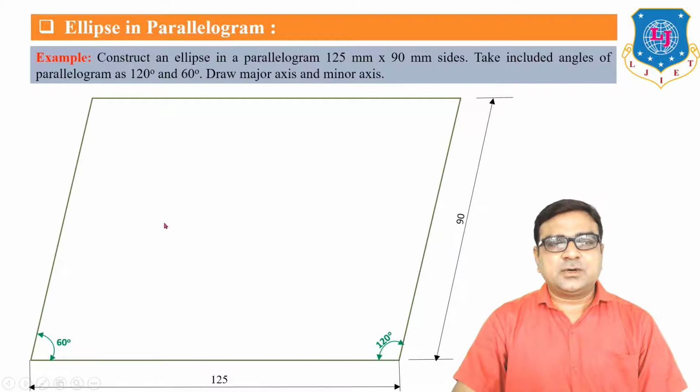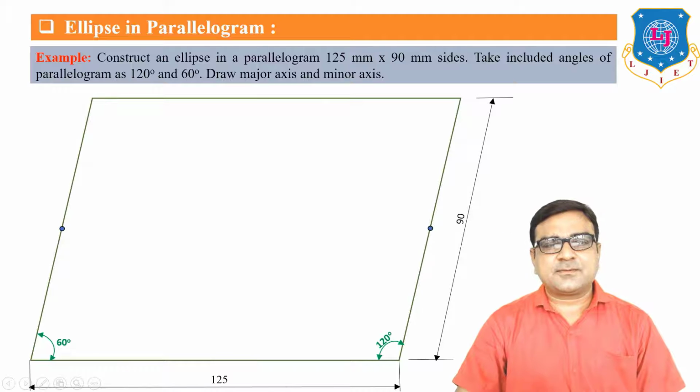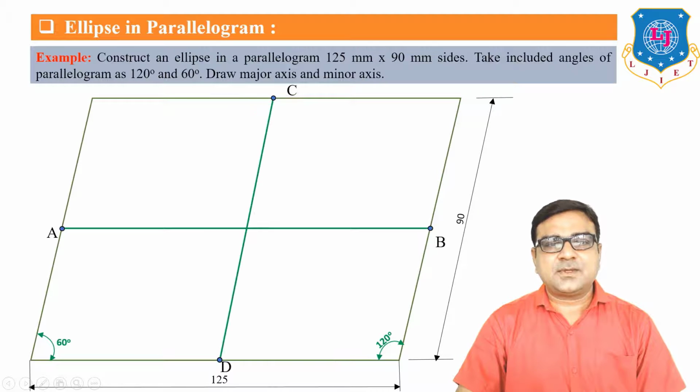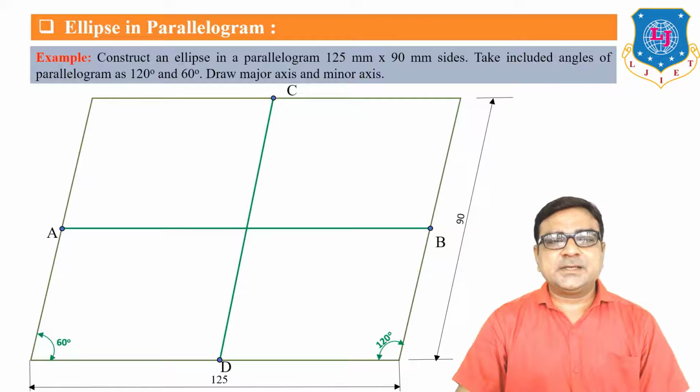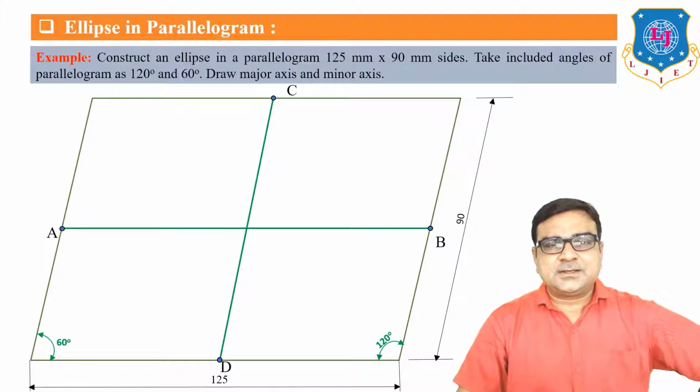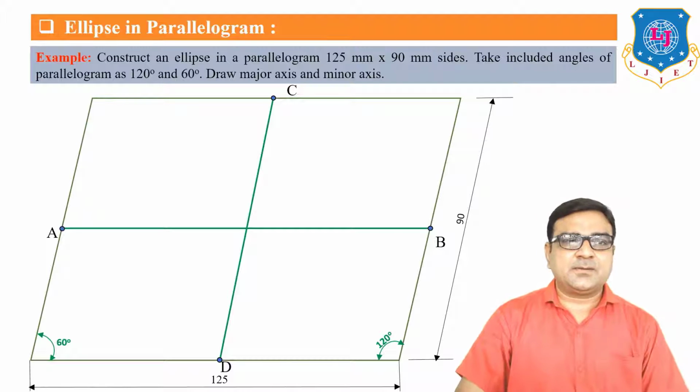Now you have to draw a horizontal line from this middle point, which is always parallel to both these lines, and one line parallel to this line. Okay, AB and CD. Here AB and CD are not the minor axis and major axis. This is the size of the parallelogram.